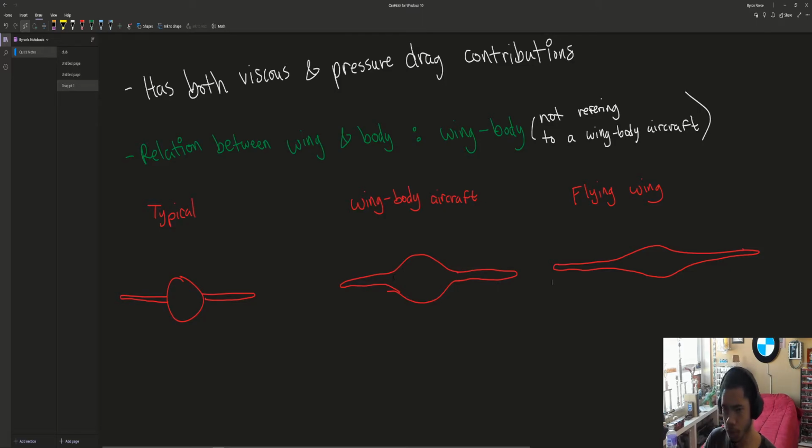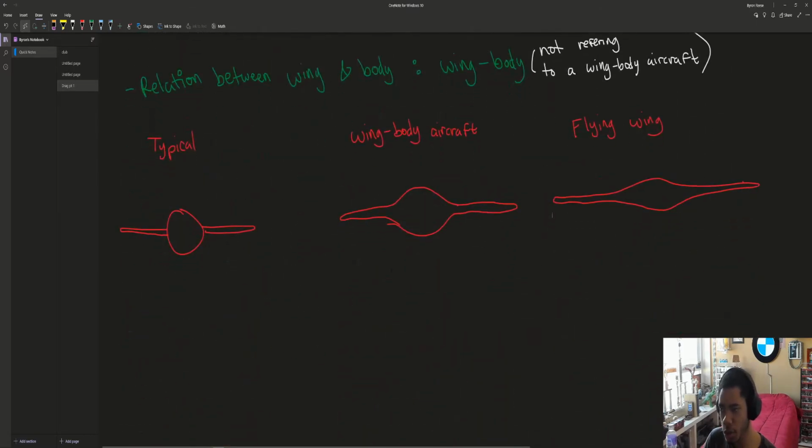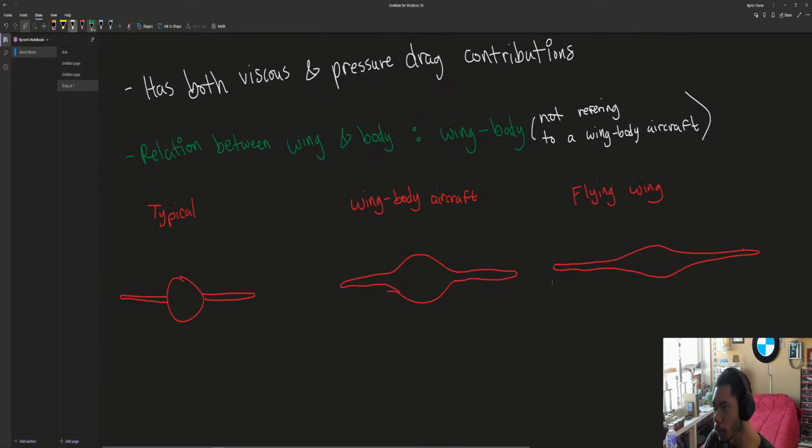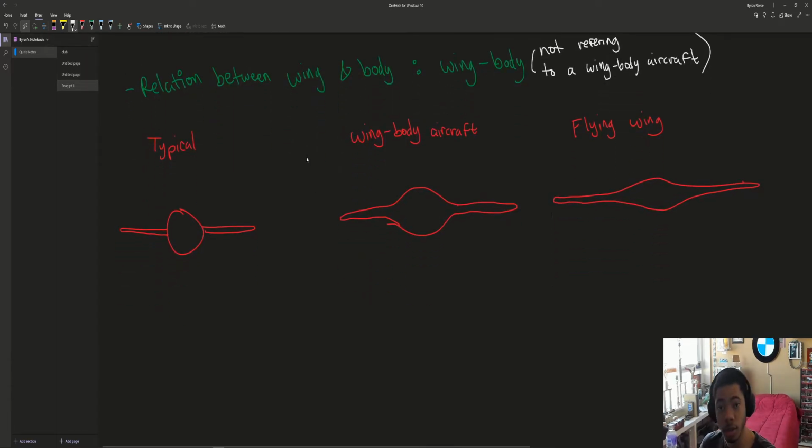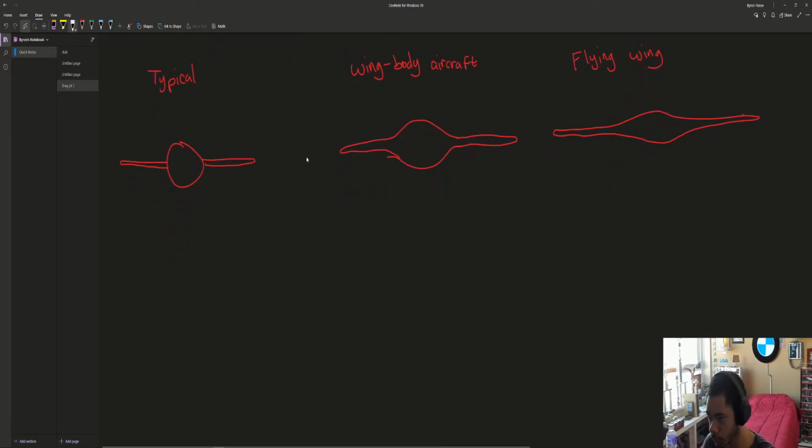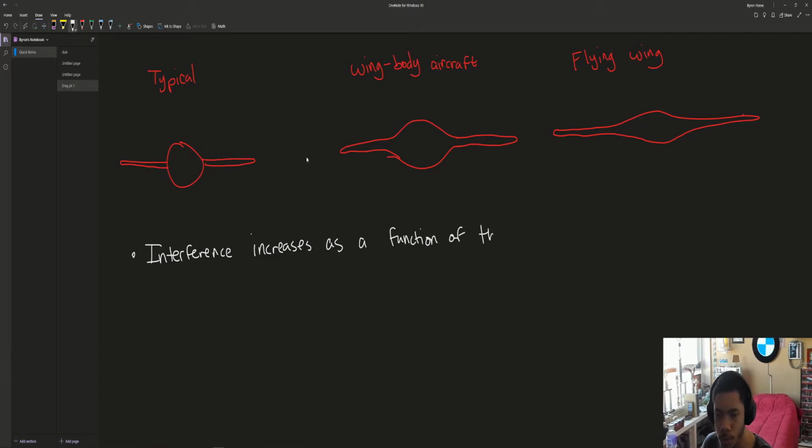Okay, let's see, where are we at here? Alright, so interference drag. The thing about interference drag that's good to know is that interference drag increases as a function of the angle between multiple bodies.